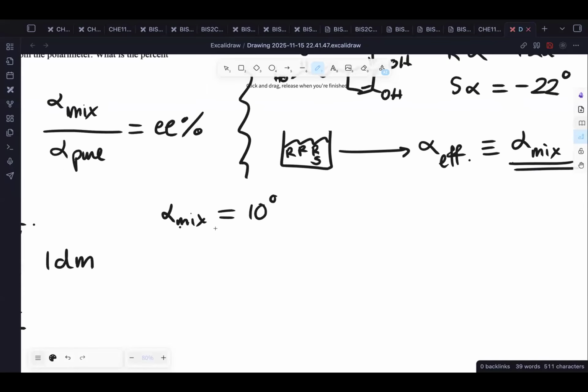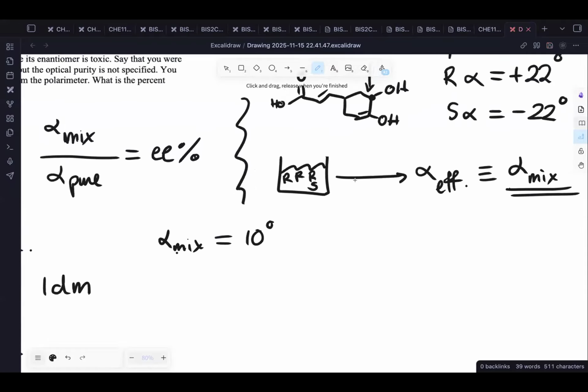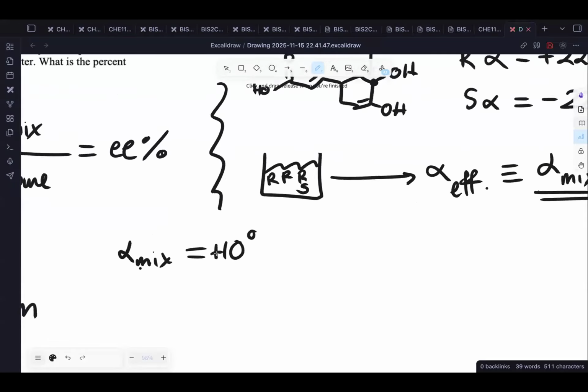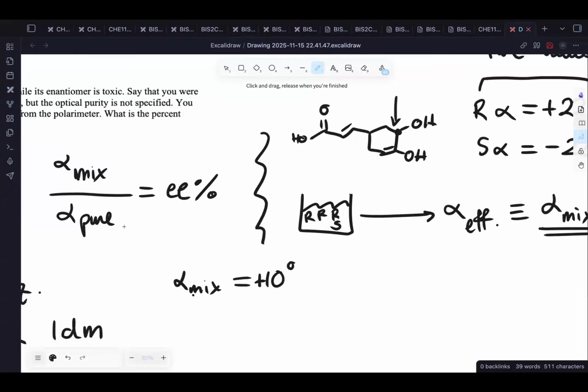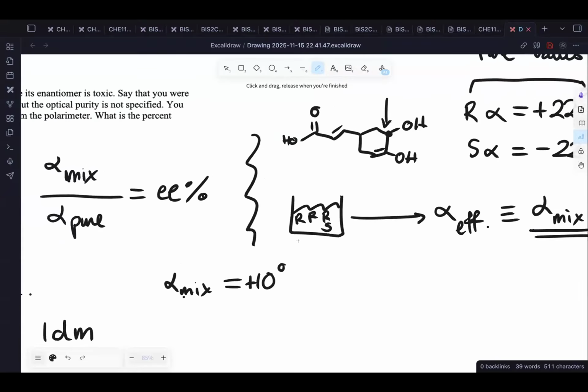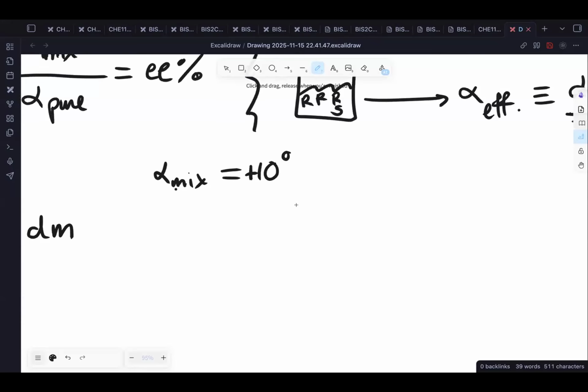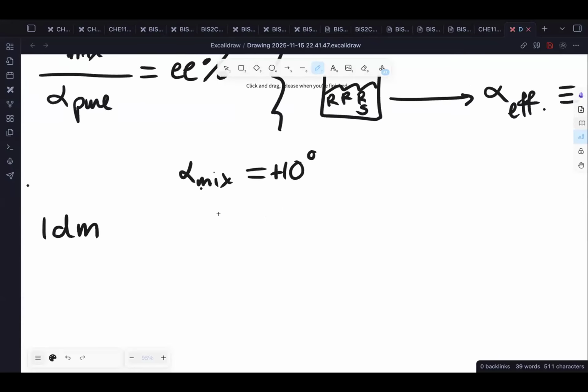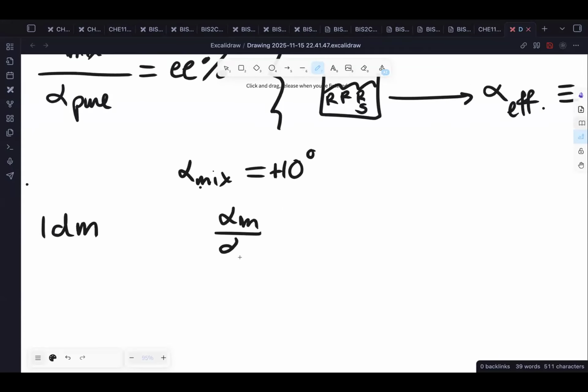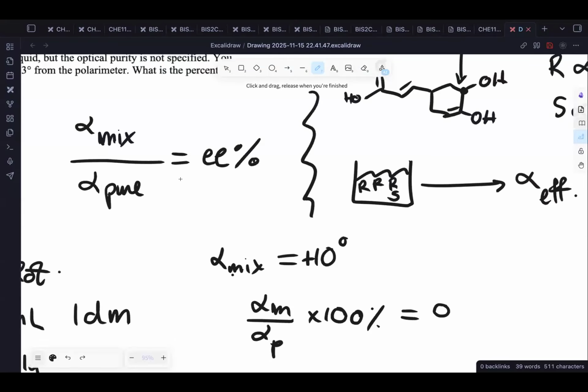And let's say the alpha pure is positive, and I wanted to figure out how much of my R versus S I have. What we can do is say this: alpha mix over alpha pure times 100% is going to get me the optical purity, also known as enantiomeric excess.